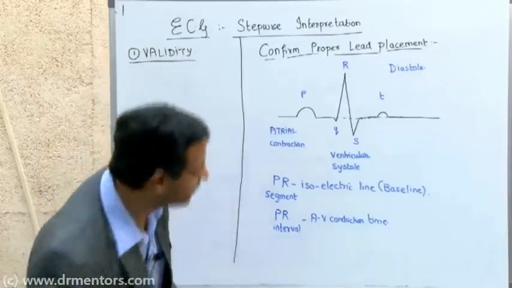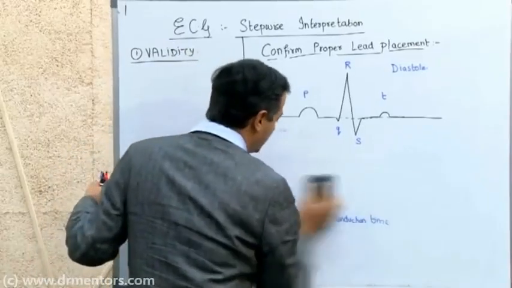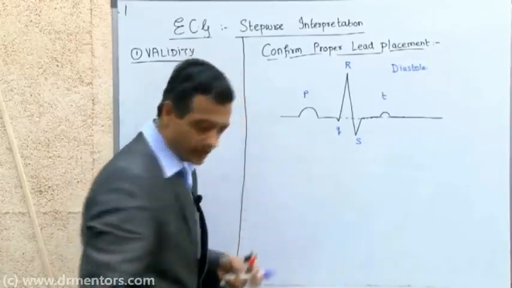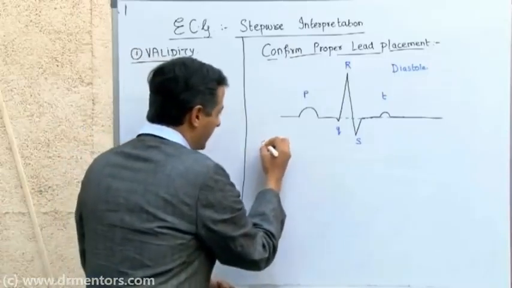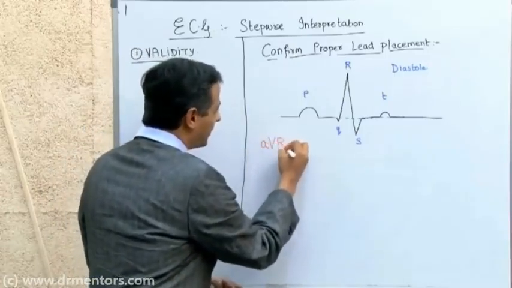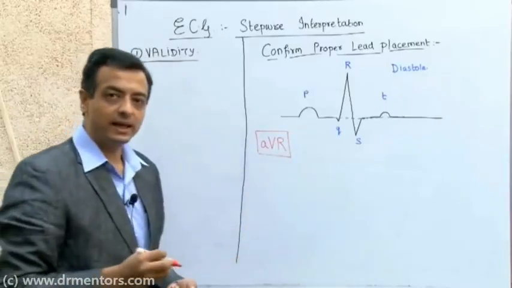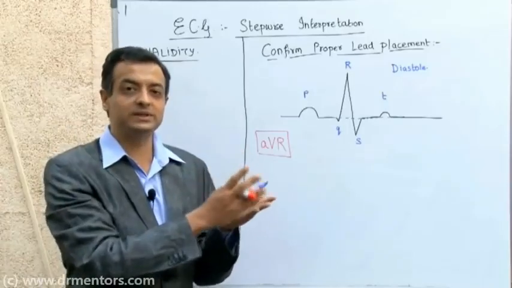Very easy. You want to check lead AVR. In the lead AVR, what am I expecting? In the lead AVR, augmented lead on the right side, the dominant vector of the heart is normally towards the left.